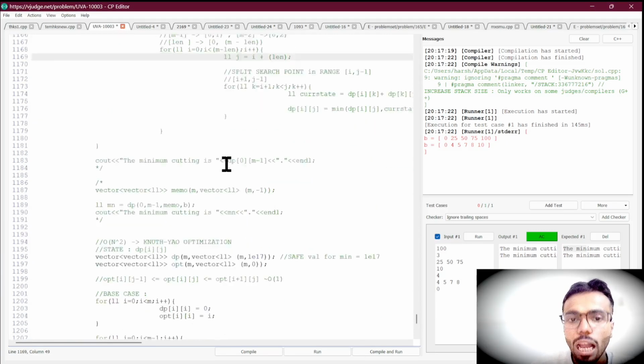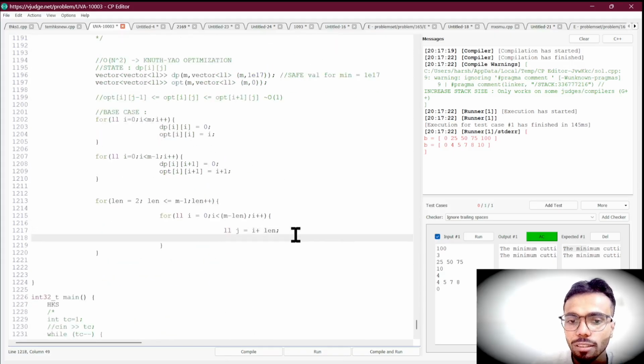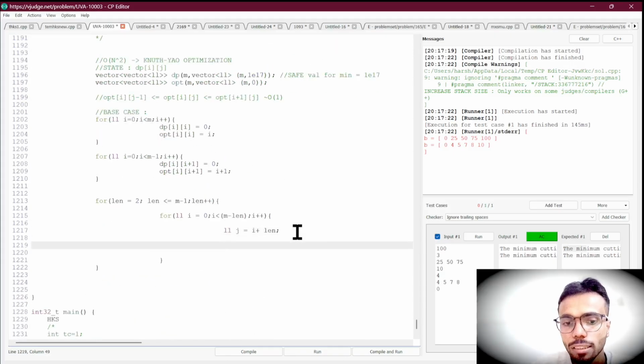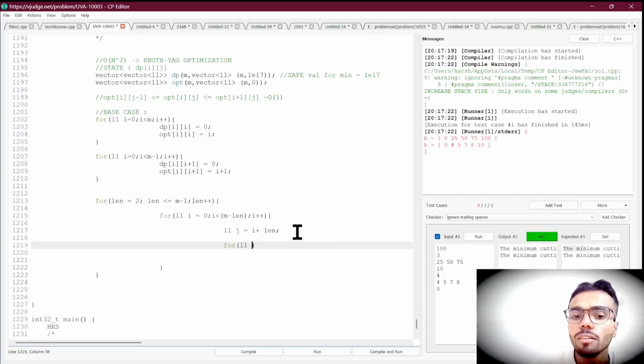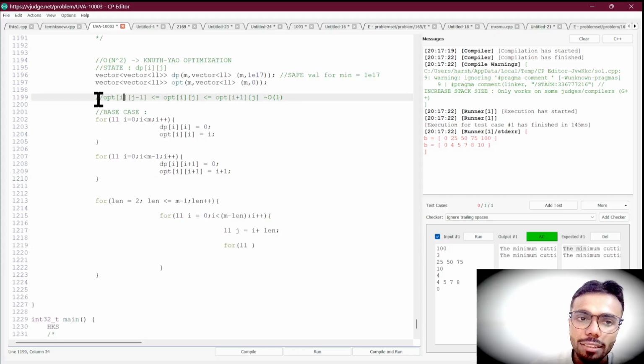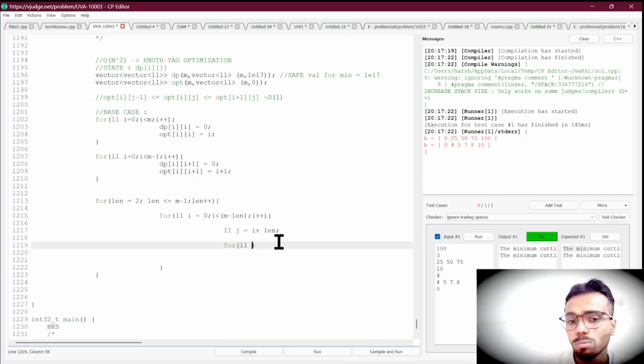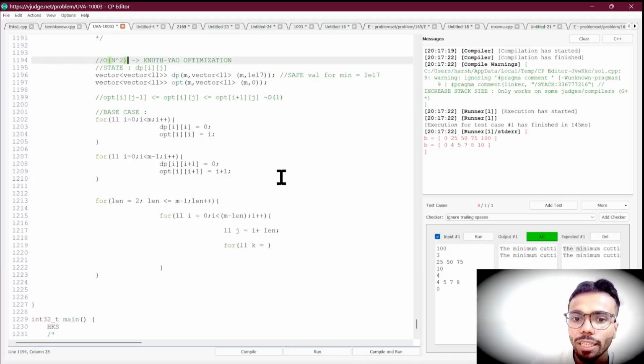Now, if I look for the change here, the change is the split search point k. We already said that it lies in the range opt[i][j minus 1] to opt[i plus 1][j], and this loop is a constant only. So we are able to convert O of n cube to O of n square.